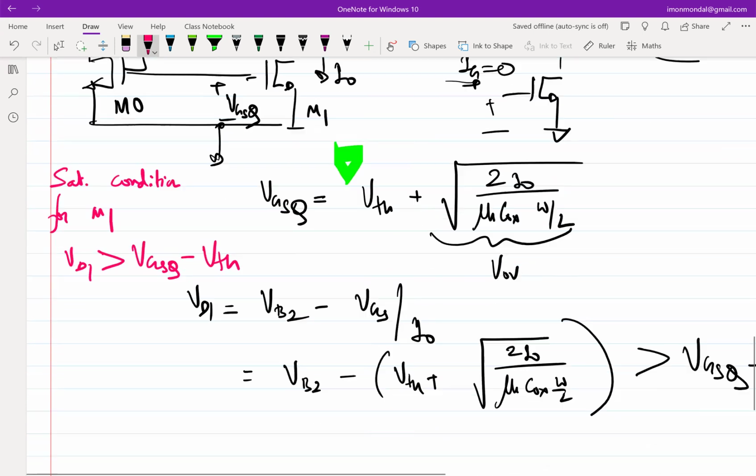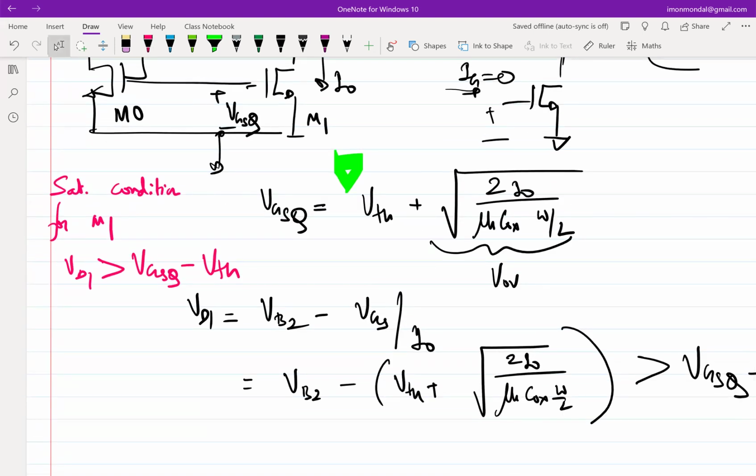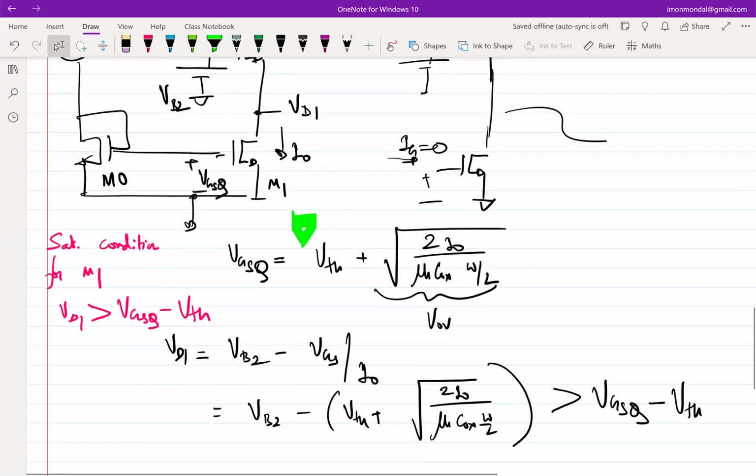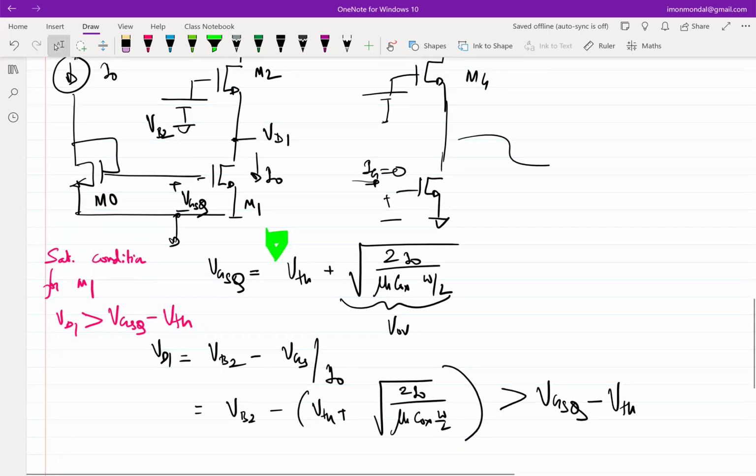So that's just what I'm rewriting. VD1 is set by M2, right? So this becomes VD1, and this should be greater than VGS minus the threshold voltage, right? Does that make sense? Yes or no?